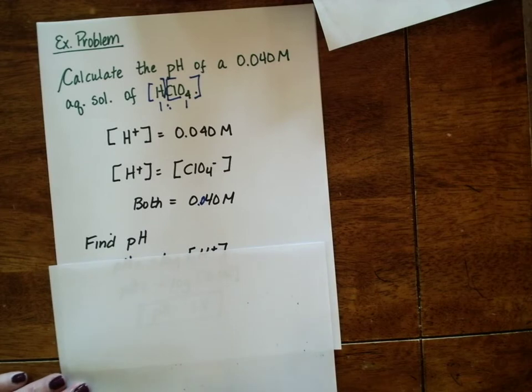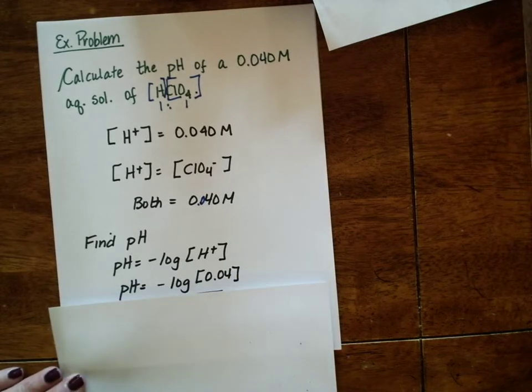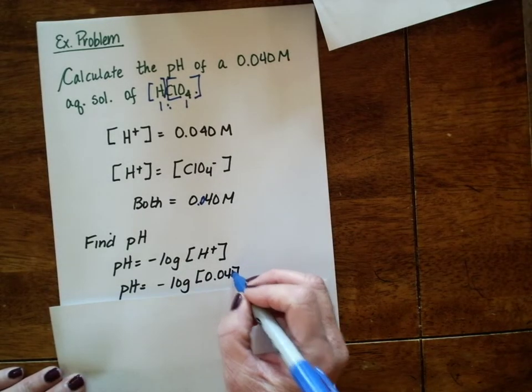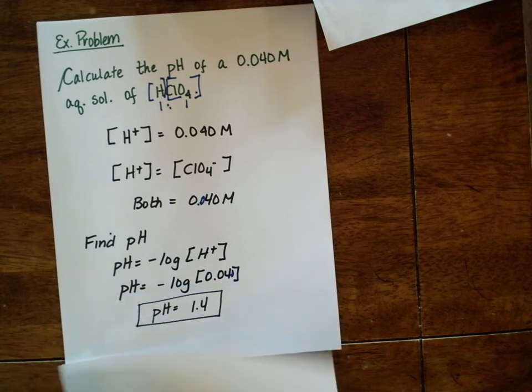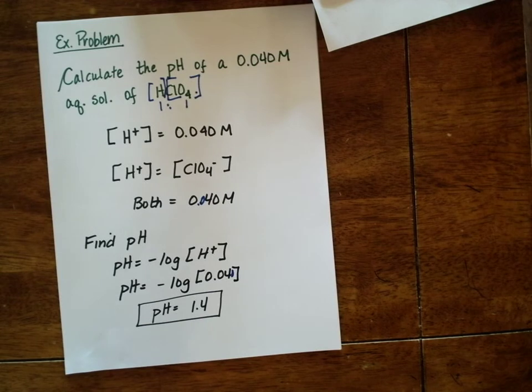I can use that to find the pH. Remember, pH is equal to the negative log of the hydronium ion concentration. So I can say pH equals negative log of 0.040 molarity, or my pH equals 1.4. Now, this is one thing you should always do at the end of one of these problems. I want to look at where it falls on the pH scale.